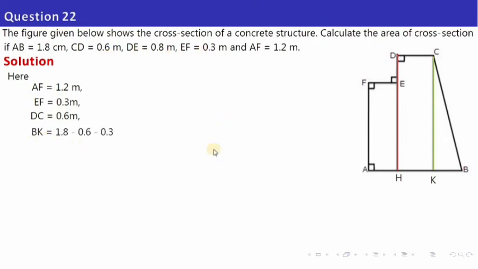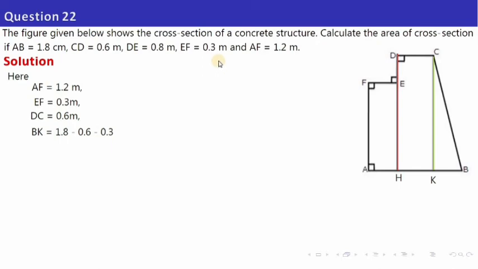Now what will be BK? See here very carefully. AF is this one, and AF is given to you as 1.2 meter. EF is given to be 0.3, DC is given to be 0.6. Now, what will be BK?